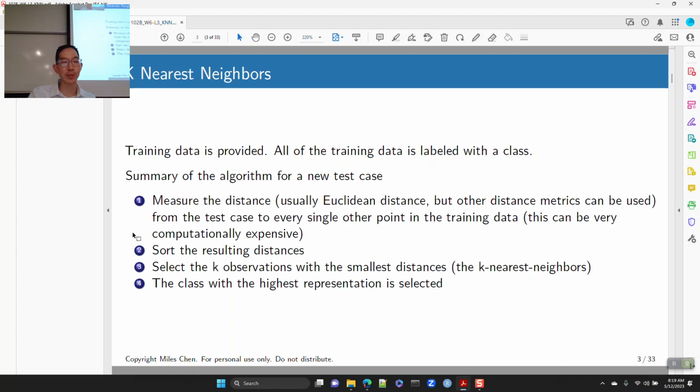So we sort the resulting distances. We select the k observations with the smallest distances, and then each of those get a vote. All right, so we say, okay, these are the 3 nearest neighbors, and who votes class A? Which of the neighbors belong to class A and which ones belong to class B? Maybe all 3 are class A. Well, then we're going to do class A. But if 1 is class A and 2 are class B, then with each vote, majority rules, we're going to say our test case is going to be class B.